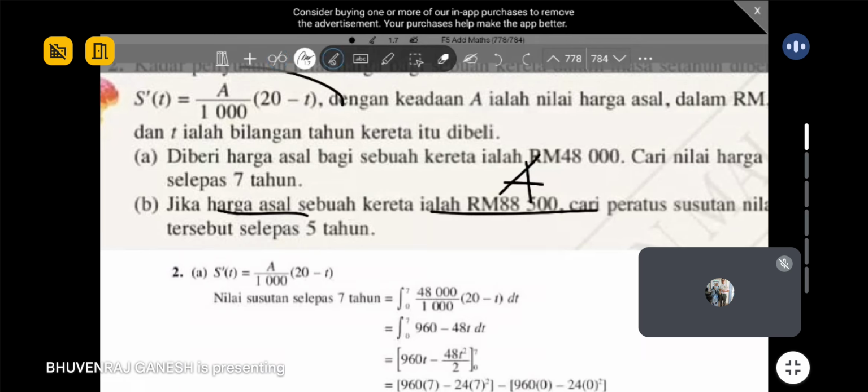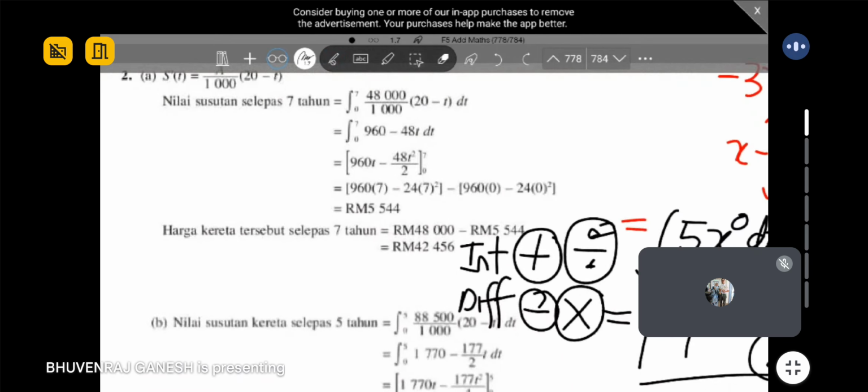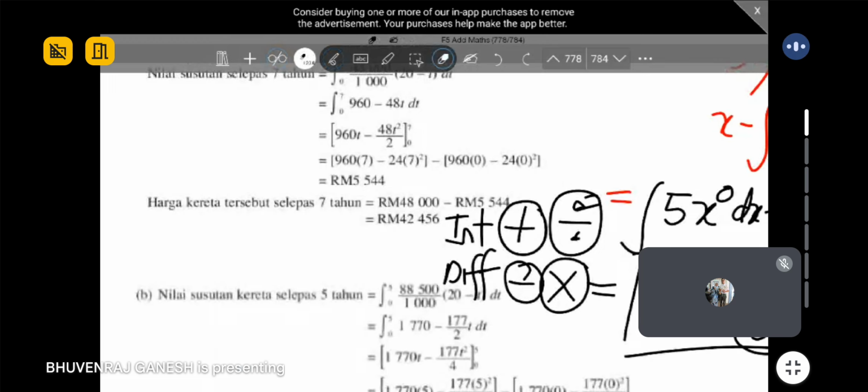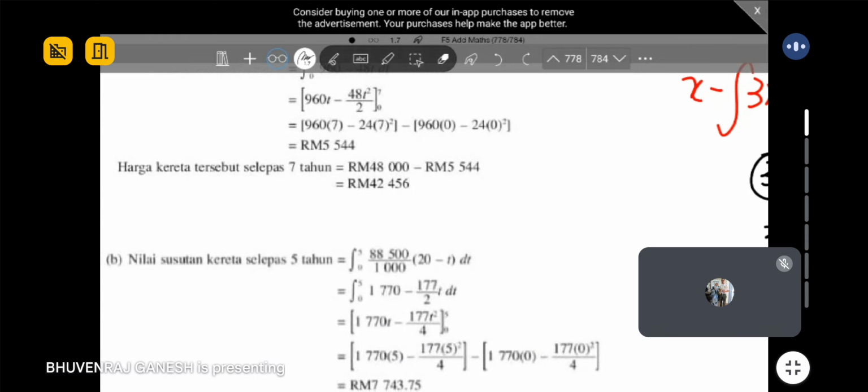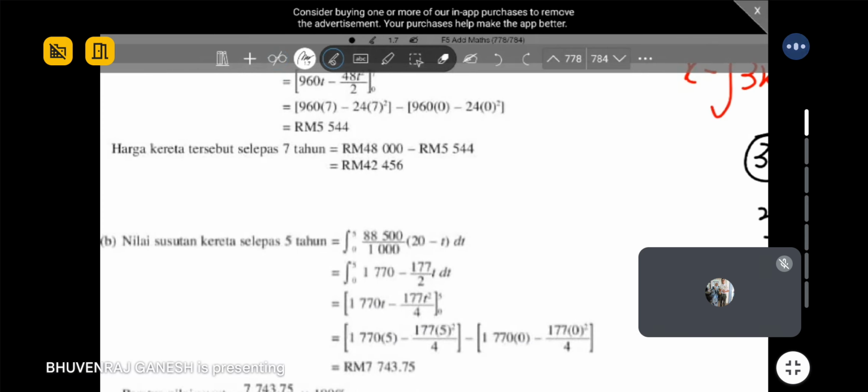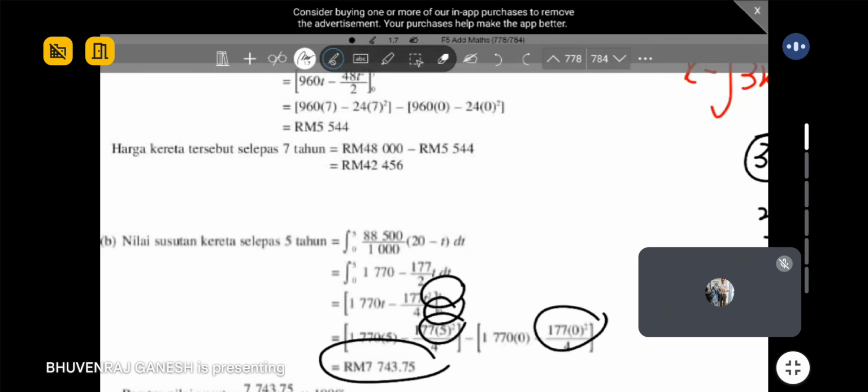Integrate this equation, then try to get your answer first. So it's normal integration like this. Okay, you can see, exactly the same as question A. So you integrate, then substitute the upper limit and lower limit, and get the answer.